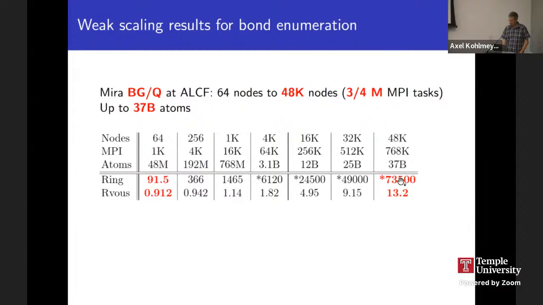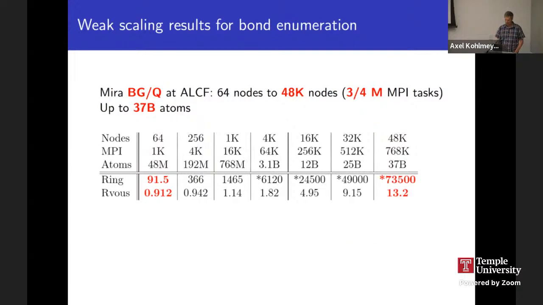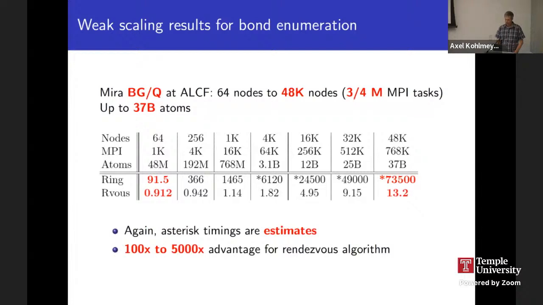The asterisk timings are estimates: it would have taken about a day to do the ring algorithm on 48,000 processors for 37 billion atoms. But now it's already about 100 times faster on 64 nodes. I think I have the ratio there, 5,000 times faster on the full machine for the very big problem. Okay. Any questions about that?